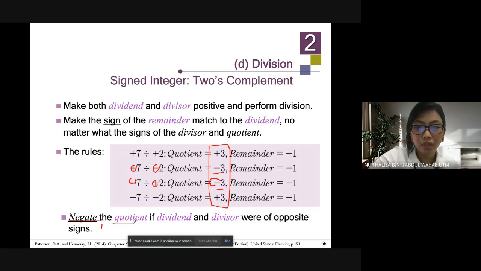Negate the quotient if your dividend and divisor were of opposite signs. So this is the meaning of these notes.